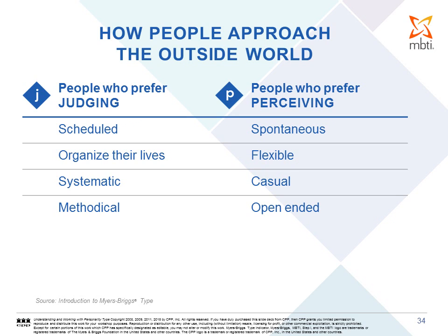So some other differences: on the judging side, scheduled; on the perceiving side, spontaneous. People who prefer judging organize their lives. Perceiving is more about being flexible. Judging is systematic versus perceiving, which is casual. Methodical versus open-ended.